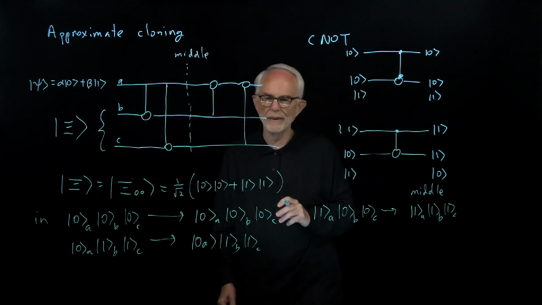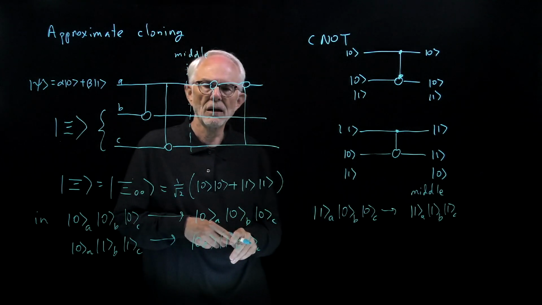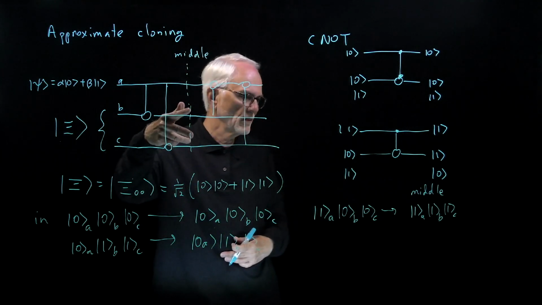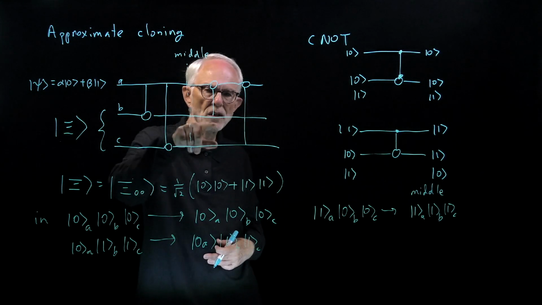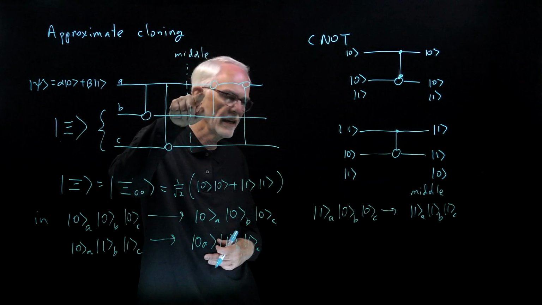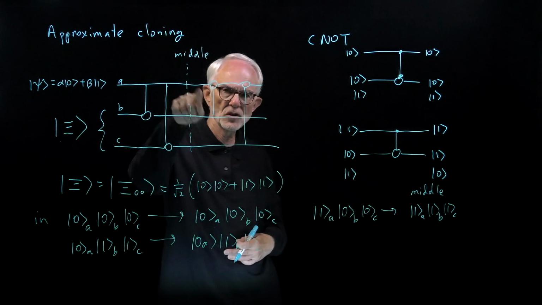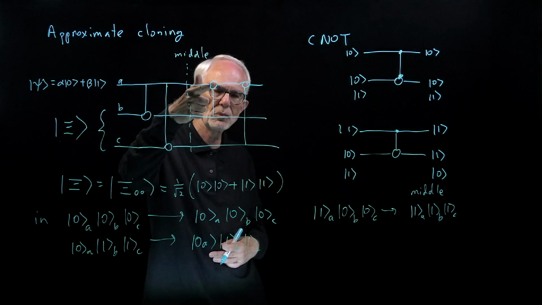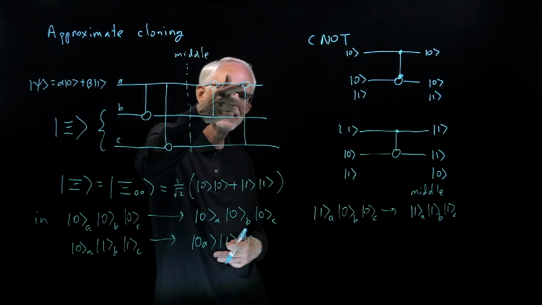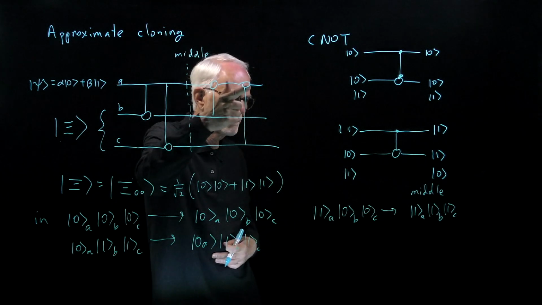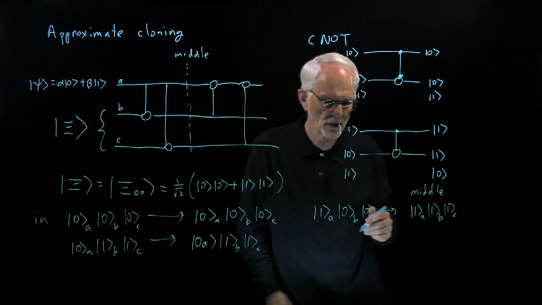Now, what happens after that? Well, nothing's going to happen to the B and the C because they're now the control qubits. And so they're going to flip the A. So the A is starting off as a 1. It's going to get flipped once, so that'll make it a 0. It's going to get flipped twice. That'll make it back to a 1.